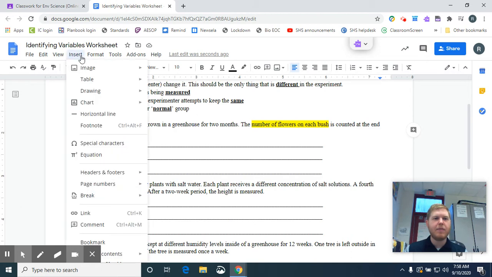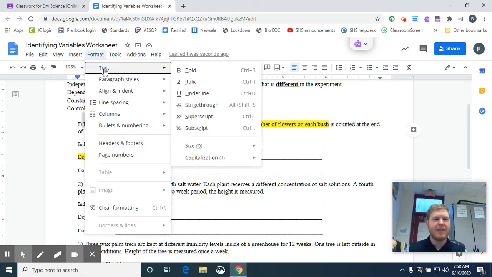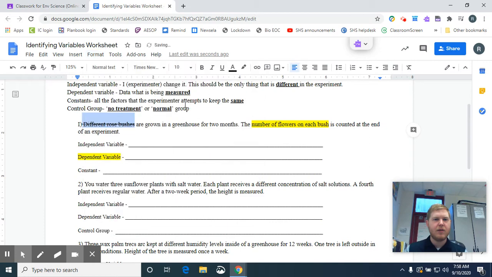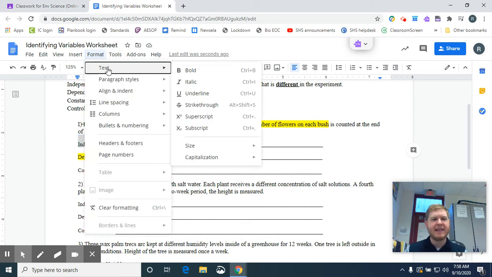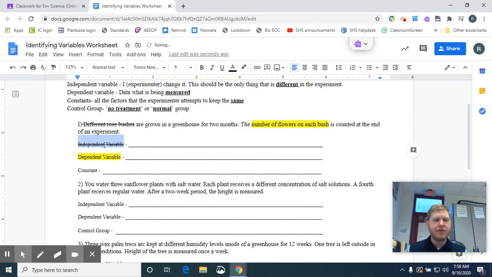And maybe you're more the person who likes to cross it off. If you like to cross it off, you go to format and then text, and the cross off is called strike through. So those two things go together. I've used different rose bushes and number of flowers on each bush, so I'm not going to have to use those again.